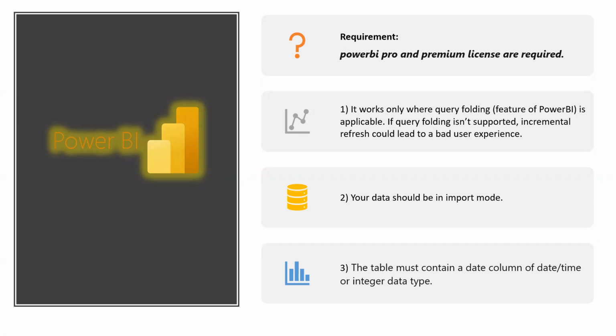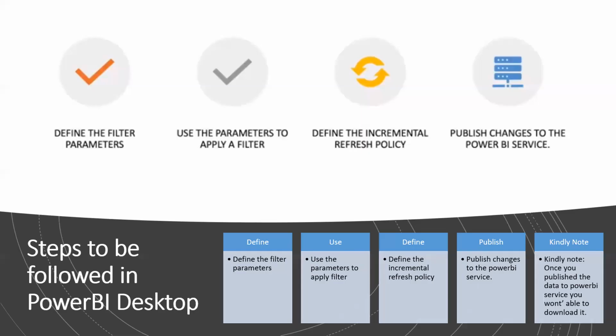What are the steps that we need to follow for implementing incremental refresh? The first step is defining the filter parameters, then using the parameters as a filter, defining the incremental policy, and publishing the changes to the Power BI service. Now let me take you through each of the steps and show you how it works.